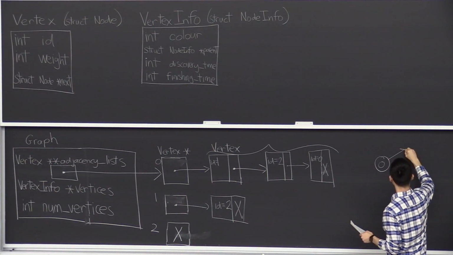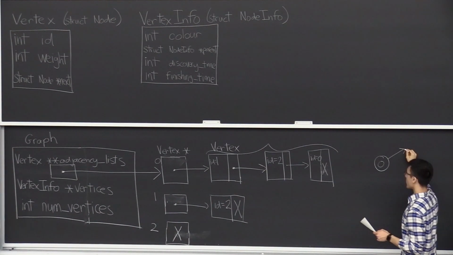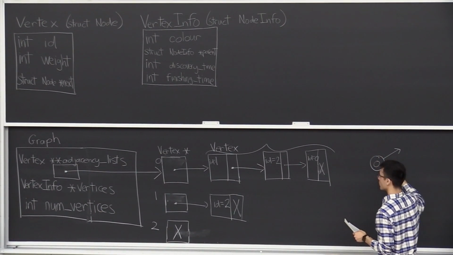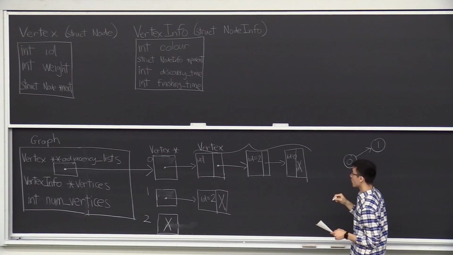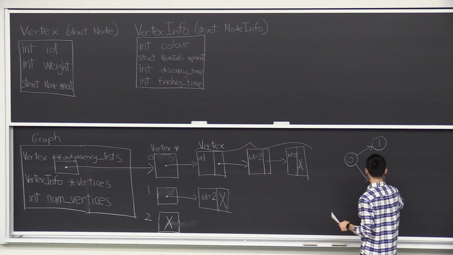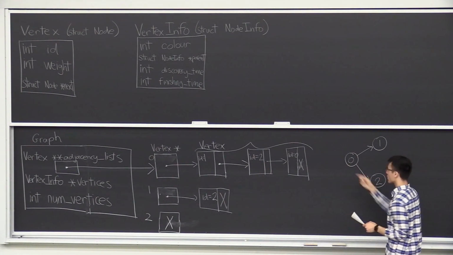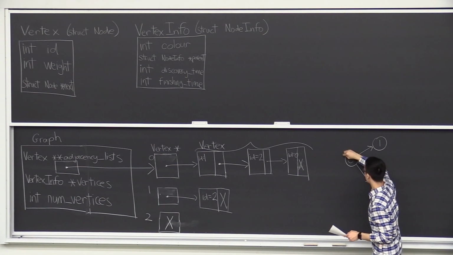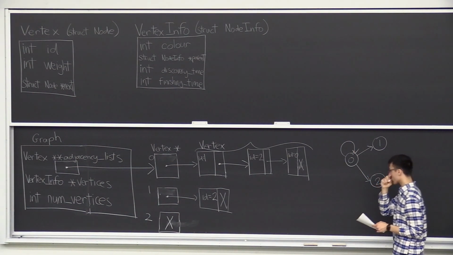And we're going to use directed graphs, right? 0 goes to an ID of 1. It also goes to an ID of 2. So that corresponds to this guy here. And then it also goes to an ID of 0. So it has a self loop like that.